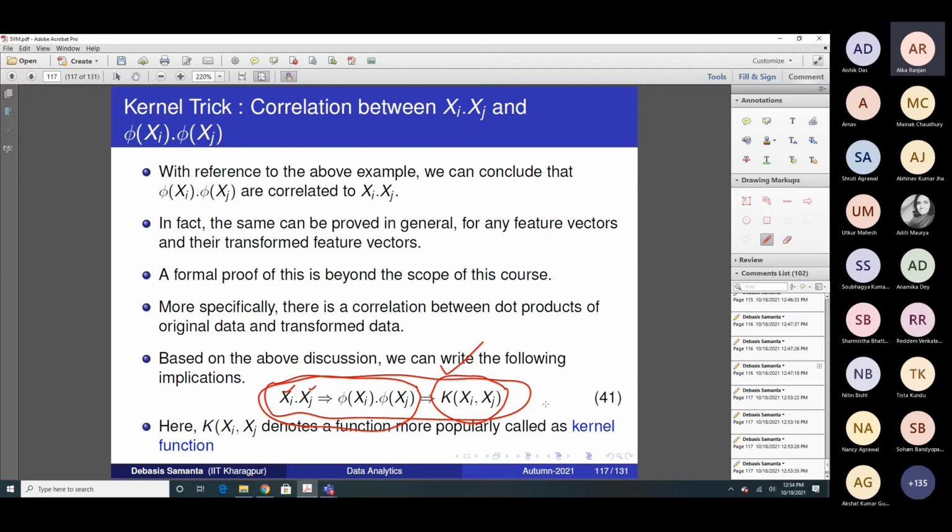Whether they are in a lower region or a higher region, right now we should not bother about it. So what does the kernel function give you? A kernel function gives you, for any two vectors, the similarity measure.